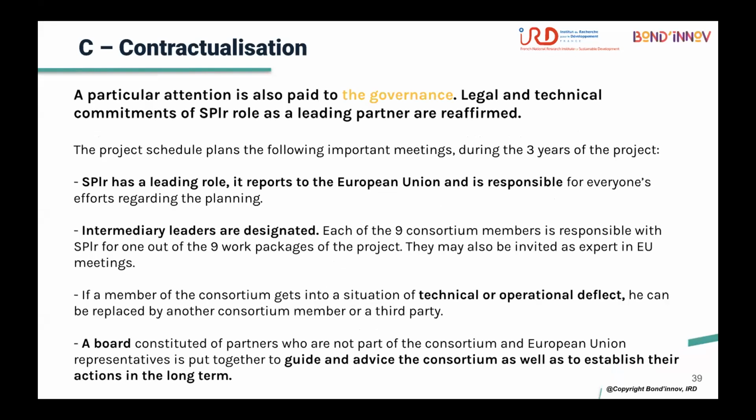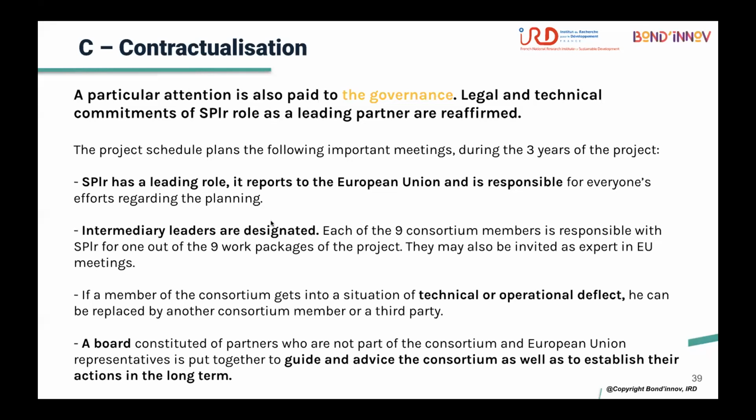Another particular attention is also paid to the governance, legal and technical commitment of SPIRE. So the lead institution has some rights, but they can put in place some structures or organization for the governance of the project.